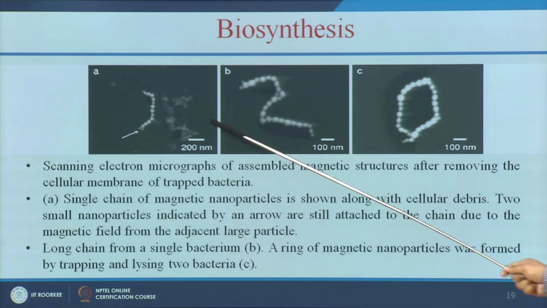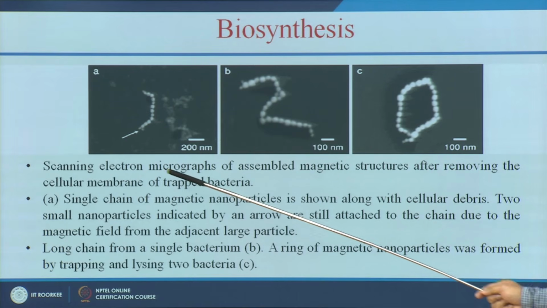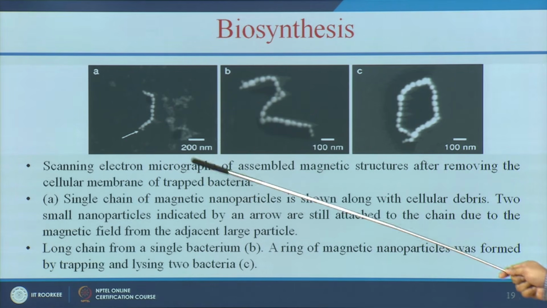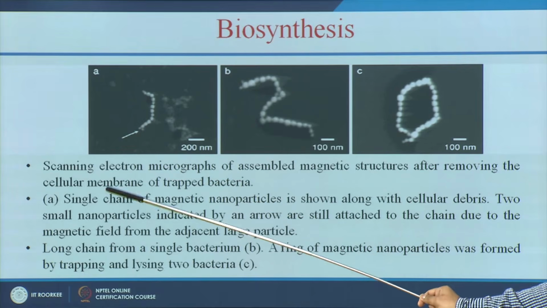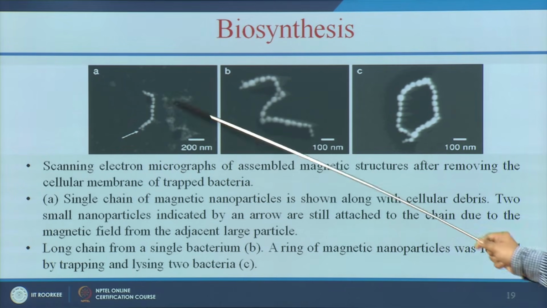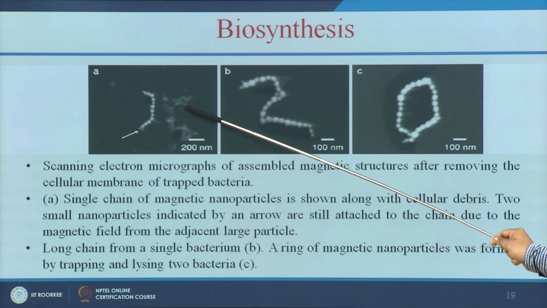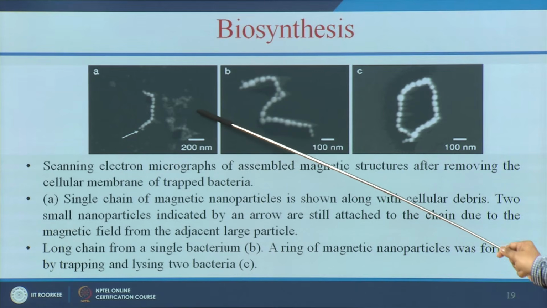This picture will clearly tell you. This is a scanning electron microscope picture of magnetic structures assembled after removing the cell membrane of the trapped bacteria. They assembled the bacteria in such a way, like a chain structure or a ring structure. Once the bacteria were assembled, they added the lysis solution, which degrades the cell membrane and leaves the magnetic nanoparticles intact. In figure A you can see a single chain of magnetic nanoparticles along with the cellular debris, the lysed cell membrane debris.